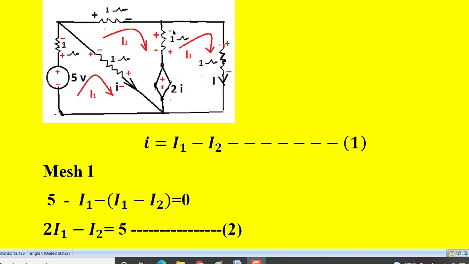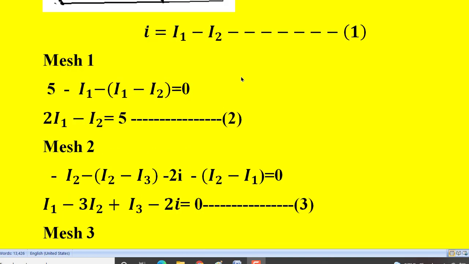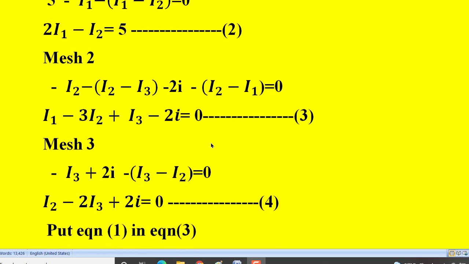So it will be treated as a voltage drop, so it will get the minus sign, minus 1 into I3. There is another current flowing, called I2. So minus 1 into (I3 minus I2). That is the loop 3 equation.